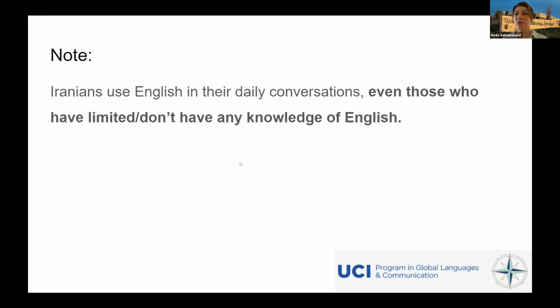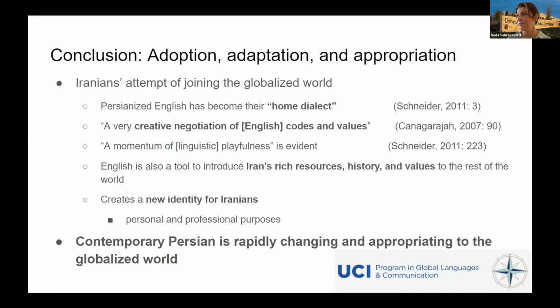I would like to share that it's important to notice that even those people who don't have any background in English, or have a very limited English background, use English words in their daily conversation. So in conclusion, adoption, adaptation, and appropriation of English is prevalent in Iranian discourse.